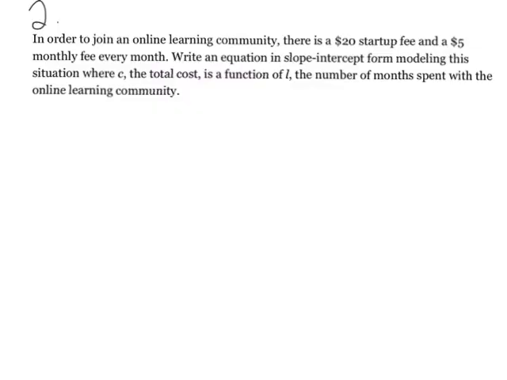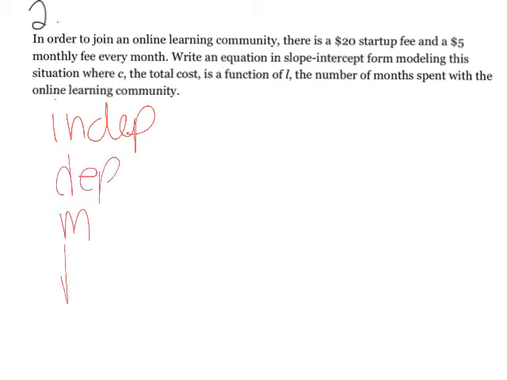Okay. In order to join an online learning community, there's a $20 startup fee and a $5 monthly fee every month. Write an equation in slope-intercept form modeling the situation where C, the total cost, is a function of L, the number of months spent with the online learning community. So we have to identify our independent variable, our dependent, our slope, and our y-intercept.